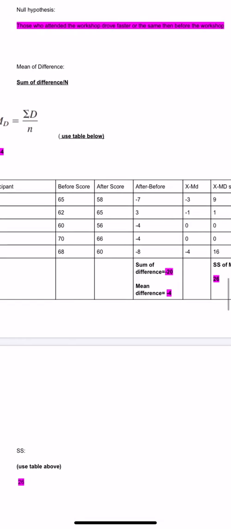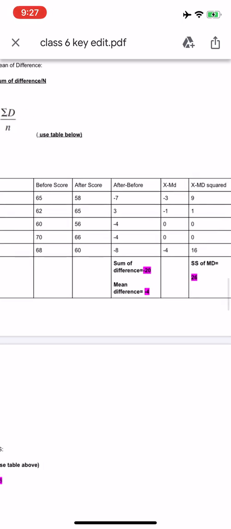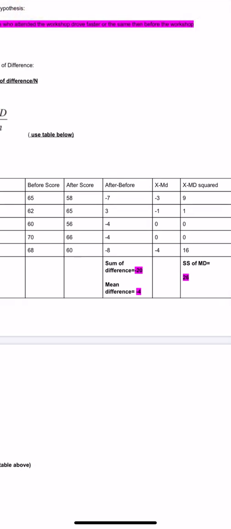And now you do after minus before. 58 minus 65 is -7. 65 minus 62 is 3. 56 minus 60 is -4. 66 minus 70 is -4. 60 minus 68 is -8. If you add those up, you will get -20. -20 divided by 5 is -4.